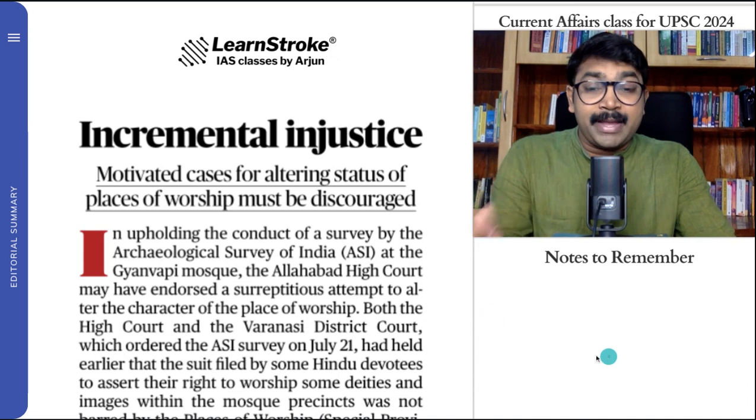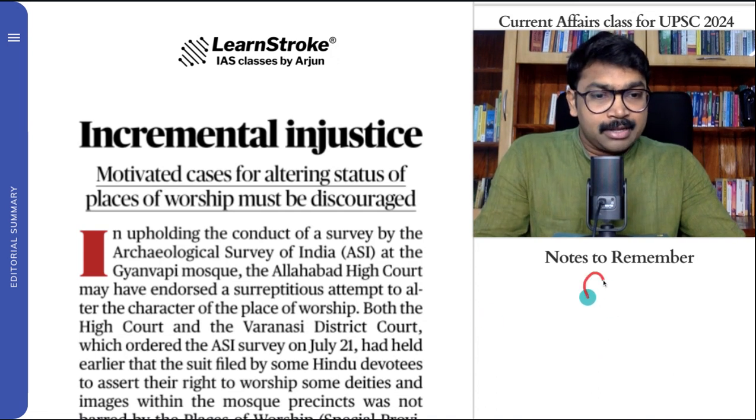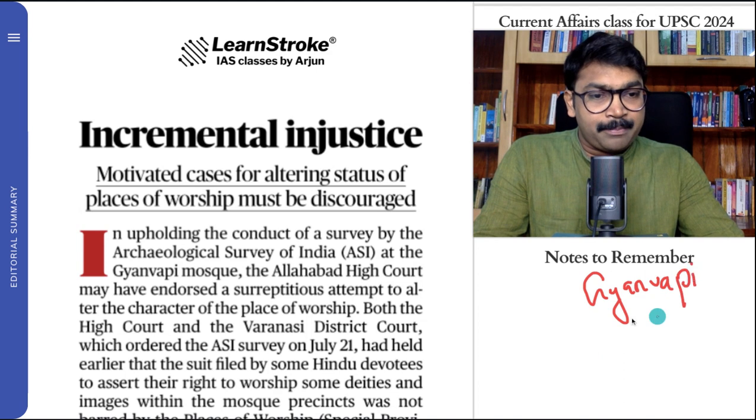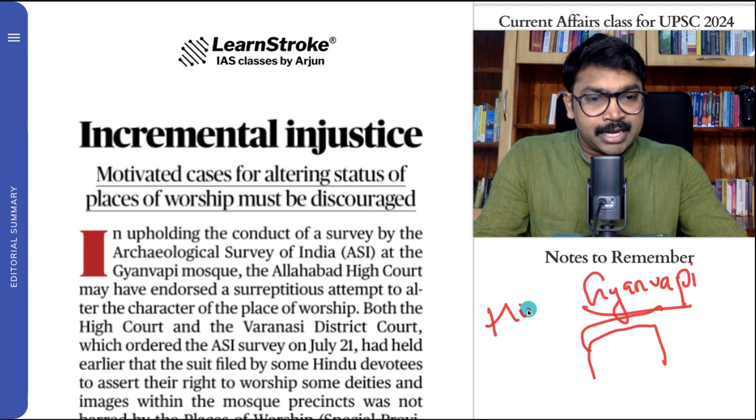So what is this basic issue? This is nothing but the Gyan Vyapi case. I'll explain it simply. This is the Gyan Vyapi case, and you know that this is a mosque, and recently the Hindus on this side and the Muslim board on this side.